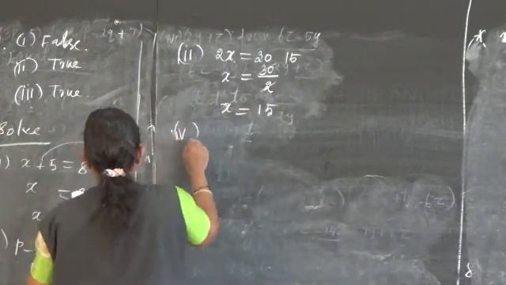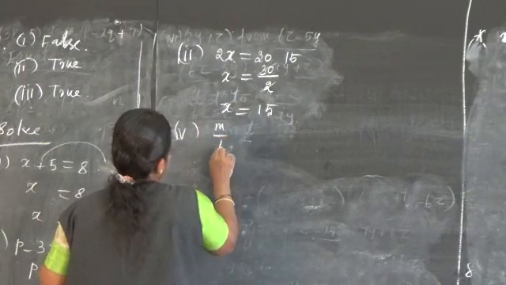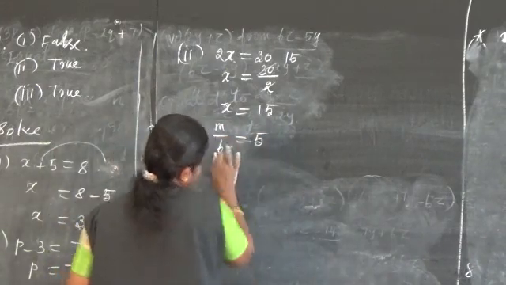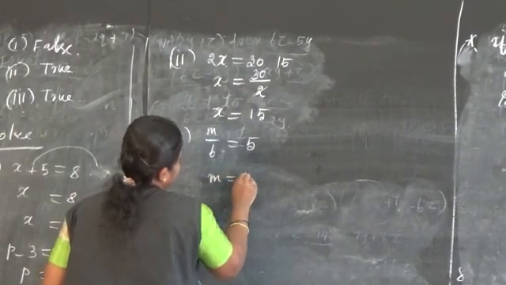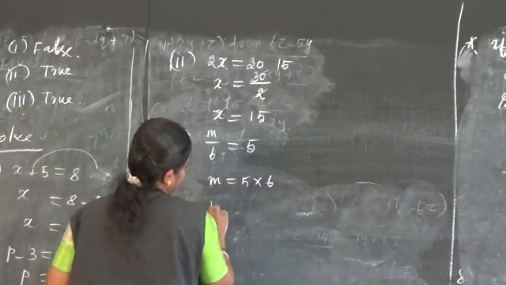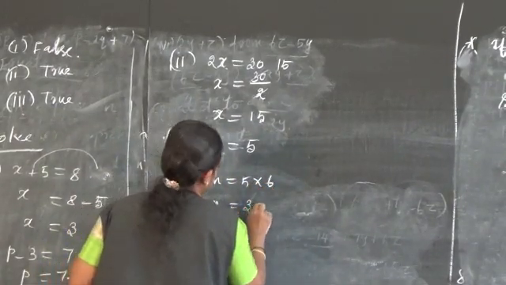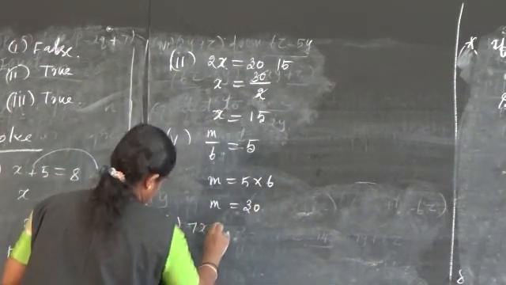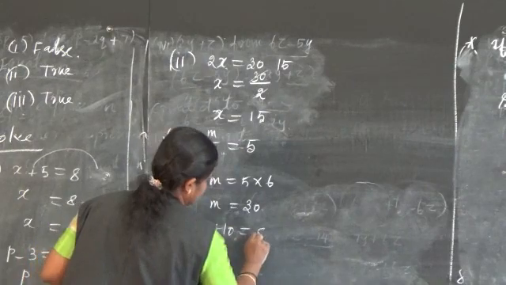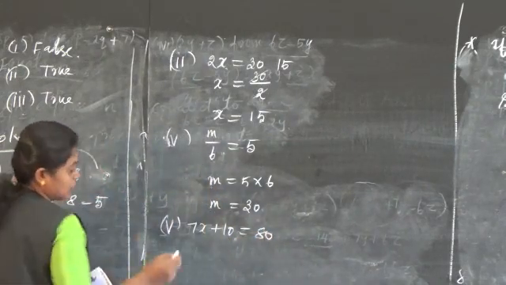Come to the fourth option, m by 6 equal to 5. Here division goes to that side as multiplication. So m equal to 5 into 6. So answer is 30.